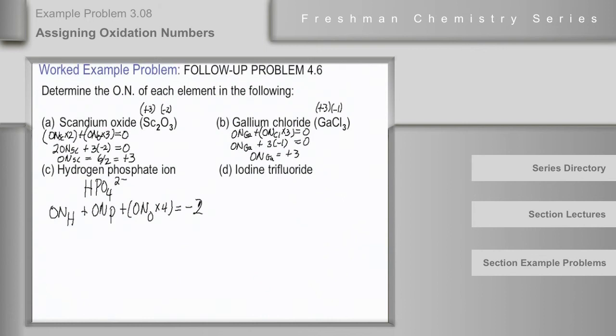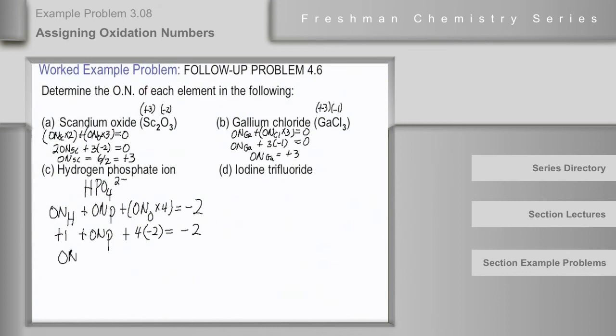The rules say in compounds like this that the oxidation number of hydrogen will be +1. So +1 plus the oxidation number of phosphorus plus 4 times the oxidation number of oxygen, which will be, as we saw above, -2, is equal to -2.